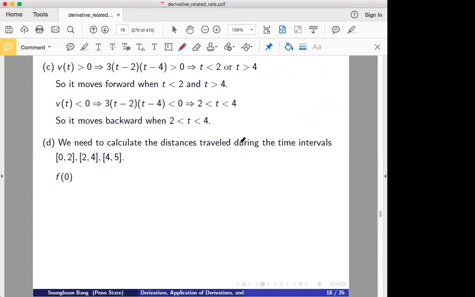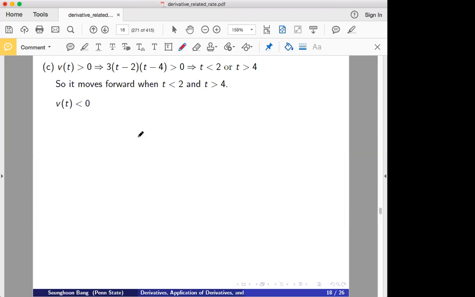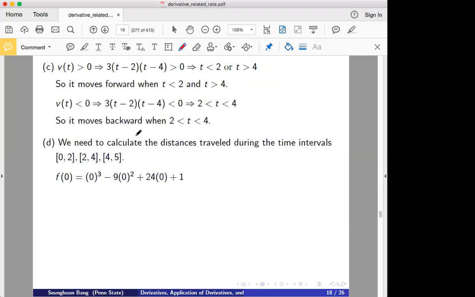What's f of 0? You plug 0 into the position function. Do you remember the position function? The position function is here. Plug 0 into this t. So we have just 1. You plug 2: 2 cubed, minus 9 times 2 squared, plus 24 times 2, plus 1. The calculation is up to you. The answer is 8 minus 36 plus 48 plus 1, which is 21.